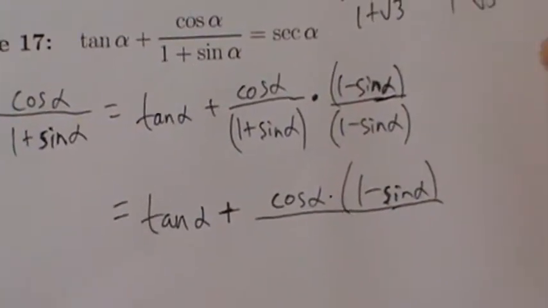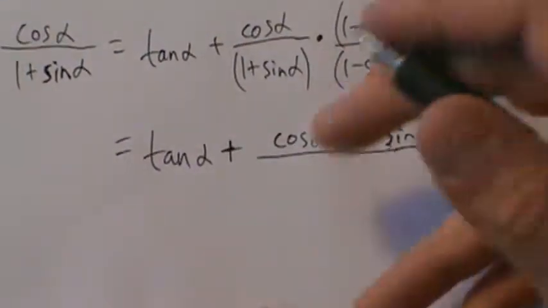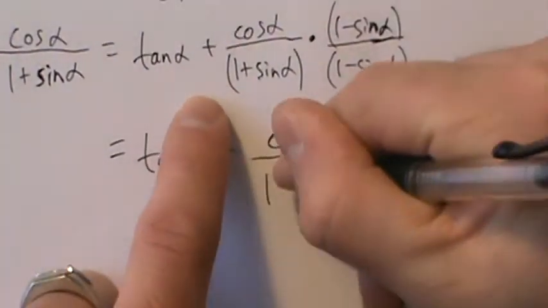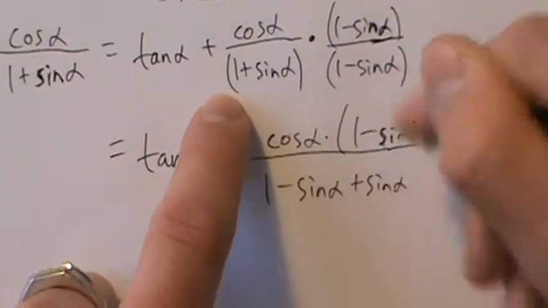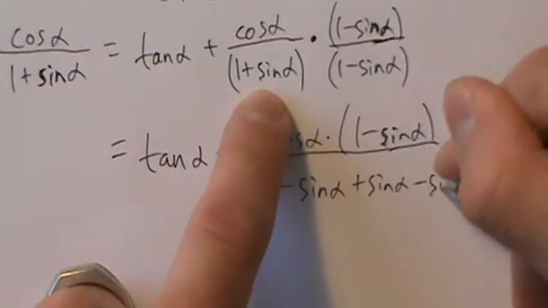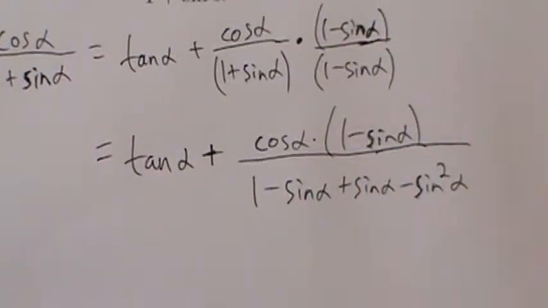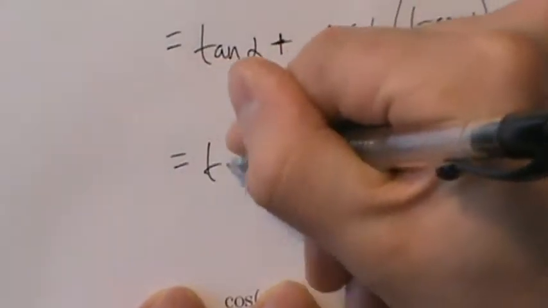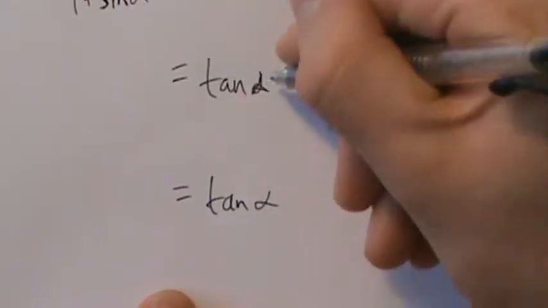On the bottom, we could use the fact that this is a plus b times a minus b, or if you're not comfortable with that, you can just FOIL: first is 1, outer minus sine of alpha, inner plus sine of alpha, last minus sine squared of alpha. Then let's simplify that. So this is tangent of alpha.